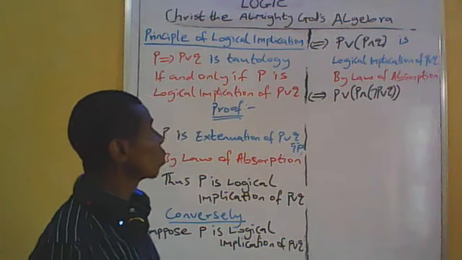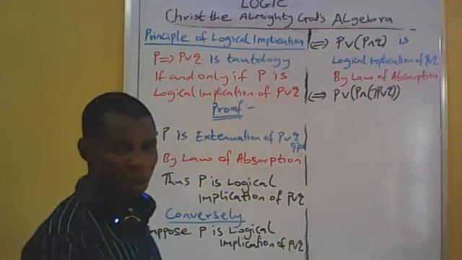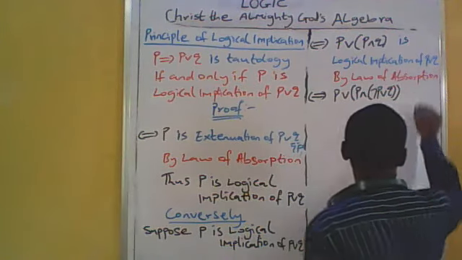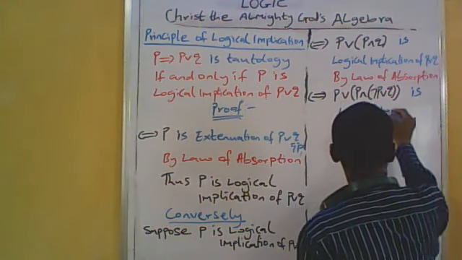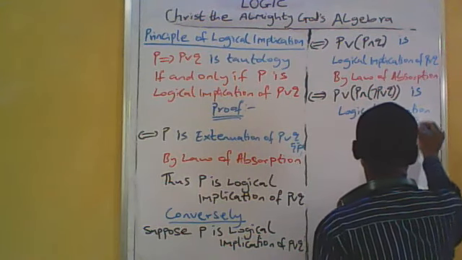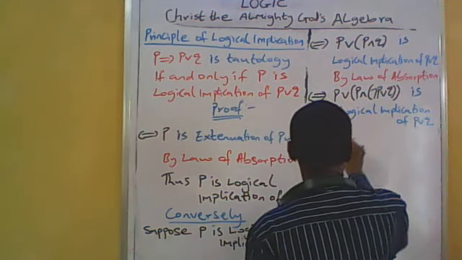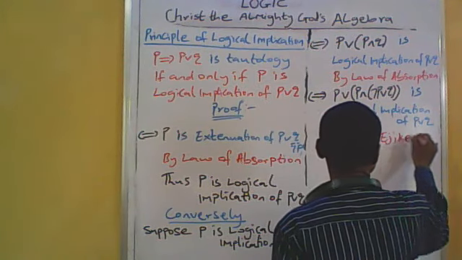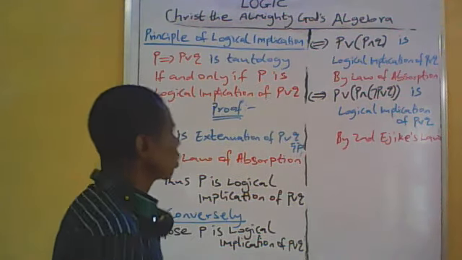Since it's equivalent to P or (P and Q), it is a logical implication of P or Q, being justified by the second Hess's law.